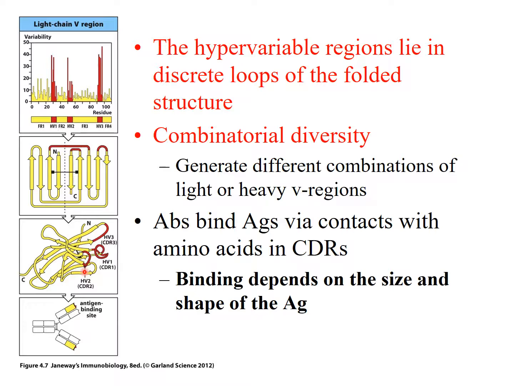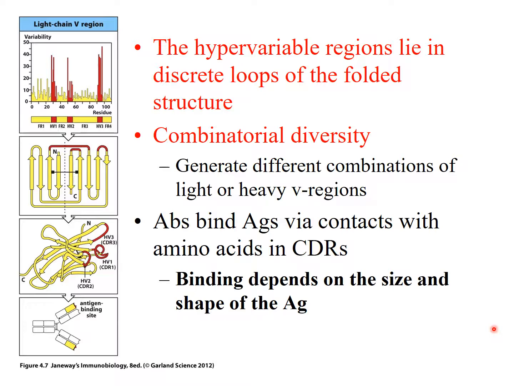And if you've ever had me for another biology course, you know my favorite phrase: shape dictates function. So the shape of the CDR region is determined by the hypervariable region. The hypervariable region is determined by what is referred to as combinatorial diversity.